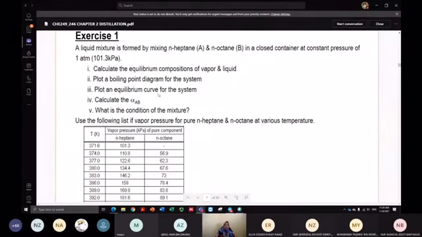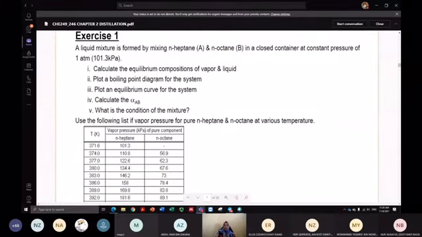Your job is to calculate the equilibrium composition. Based on the boiling point diagram you have learned, you get equilibrium composition data at one particular temperature.